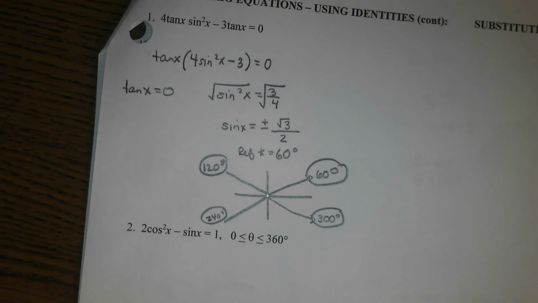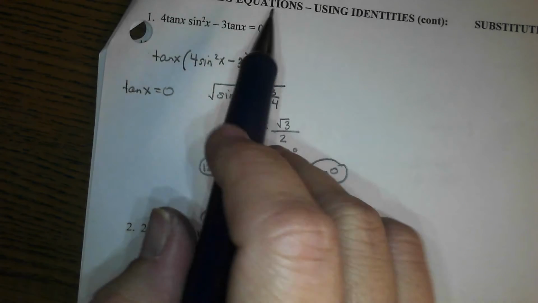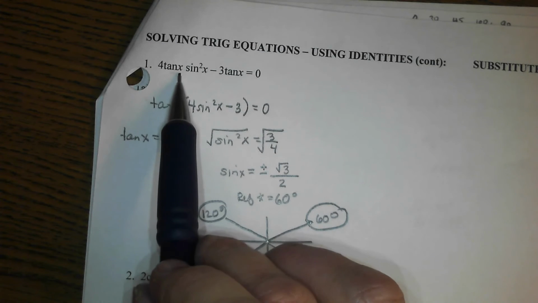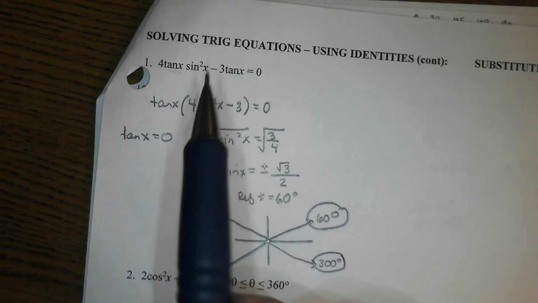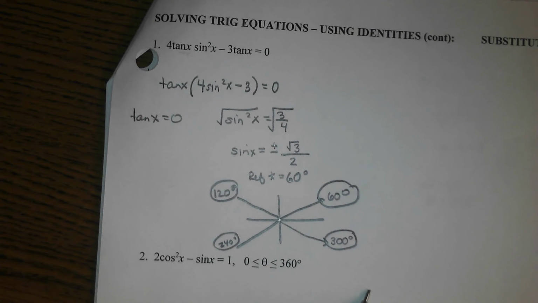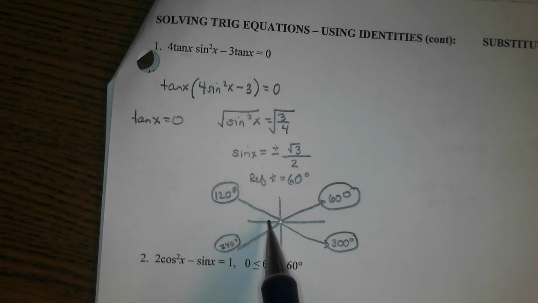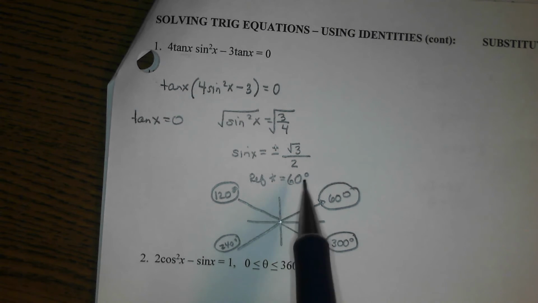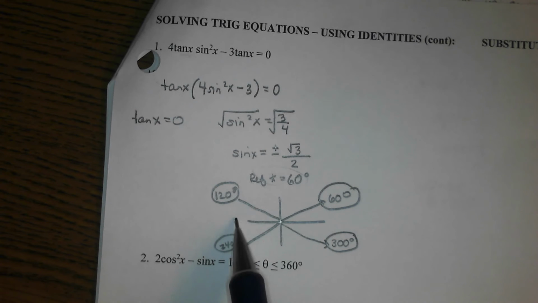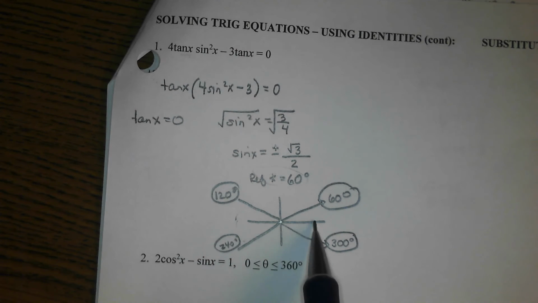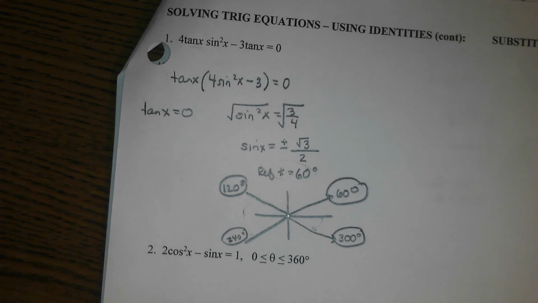So we have 4 answers just for that section, which has never happened before because we've never had a 3rd degree polynomial, have we? No, because our reference angle is 60, guys. So 180 minus 60, 180 plus 60, and then 360, back it up 60. Okay? So those are our 4 for that.